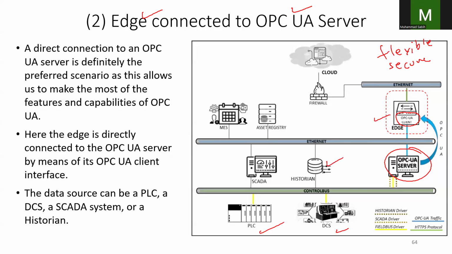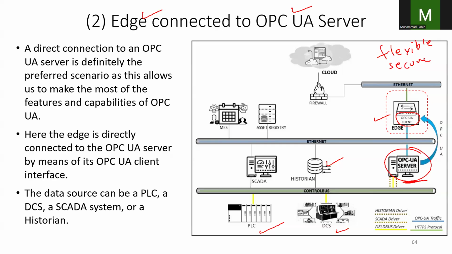So regardless of where the data originates, as long as it is exposed via the OPC UA server, the edge can easily consume it directly, using the OPC client interface to send and collect the data.